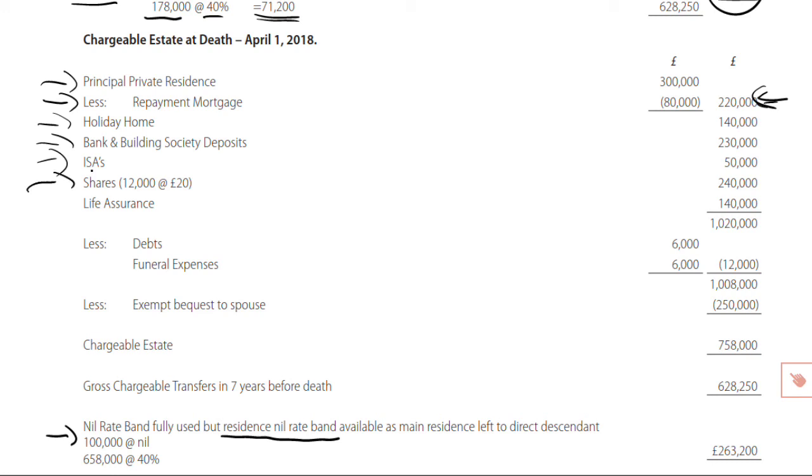The other shareholding at £20 per share, that was 240,000. The life assurance, that was the proceeds figure that we picked up there, 140. So testing out a couple of valuation rules. As we agreed, the debts and the very reasonable funeral expenses there are allowable deductions, not the amount of the hospital bill or whatever it was that he'd agreed apparently to pay on behalf of a friend or neighbour.